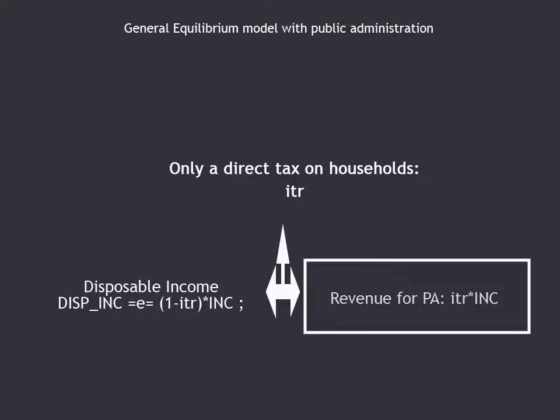The second equation in which ITR is introduced is the revenue for the public administration, because of course this direct taxation generates a revenue which is ITR times INC.